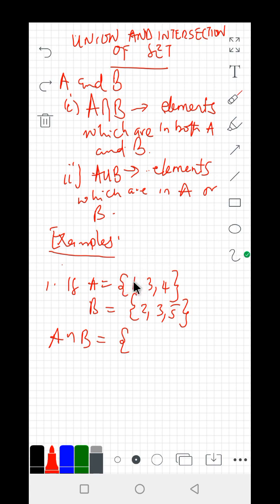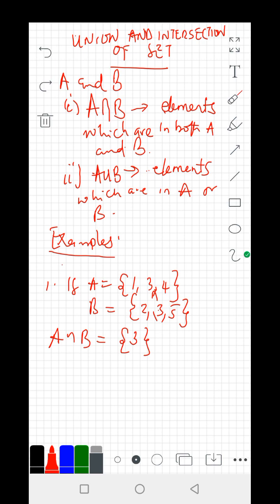You look at elements which are in both A and B. 1 is not in B. 3 is in both A and B, so we take 3. 4 is not in both A and B, so A intersection B is that.